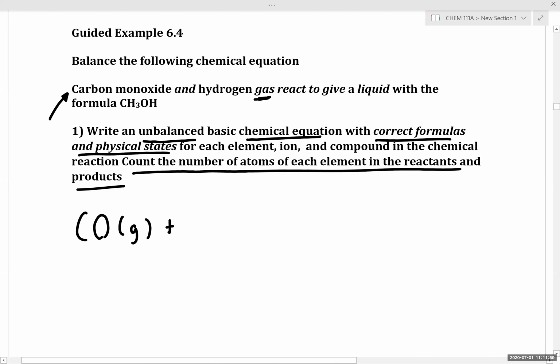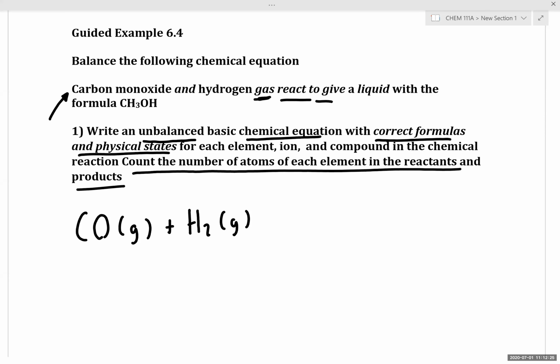Hydrogen, what's the formula of hydrogen? H2, yep. And hydrogen itself is a gas at room temperature. React, to give. What does that mean? What do I draw? When you see the words react, to give, what does that tell me?